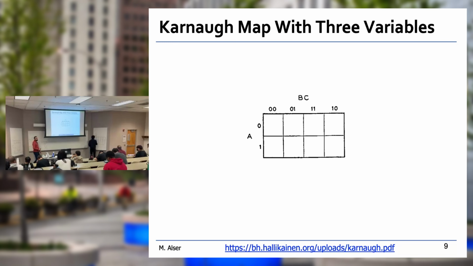And that is 4 by 4, which is 16 cells in the table. How do we know it's 16? We have 4 variables, and 2 to the power 4 is 16. So this is how we know that we need 16 cells in the table.